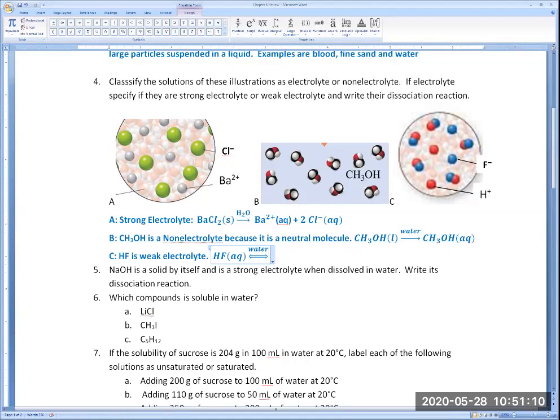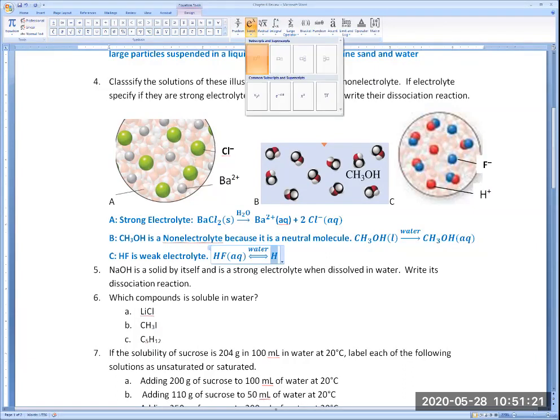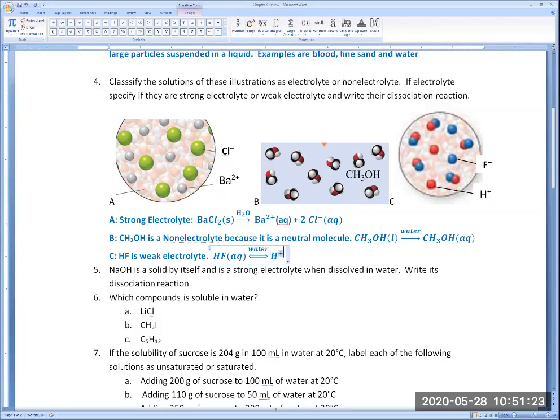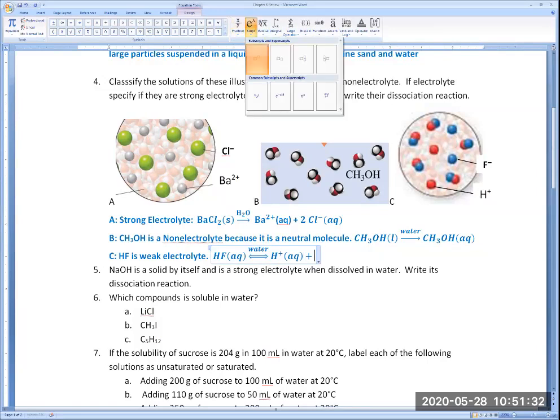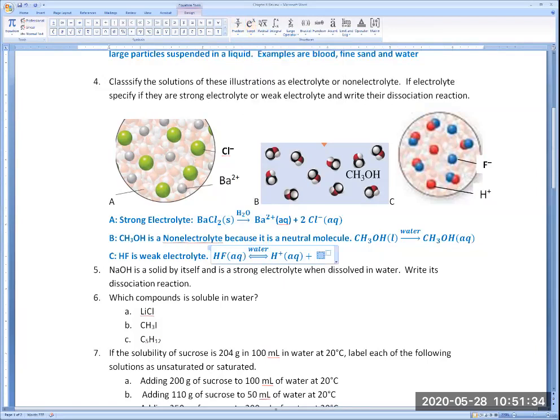And so here, let's complete it on the right side. So HF, when it's in water, dissociates into H+, an ion in aqueous solution, plus the F-, and that's also aqueous when it's in water.